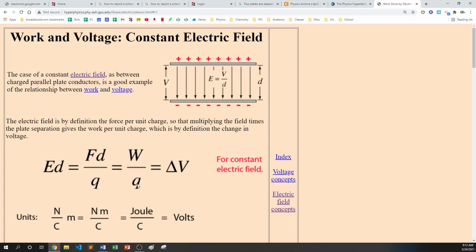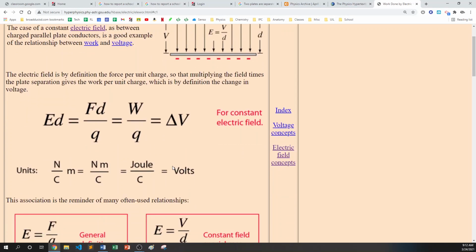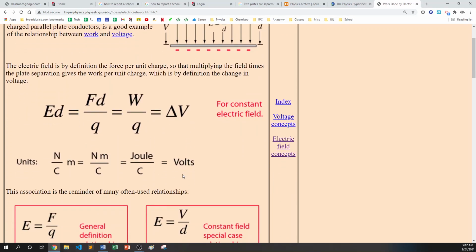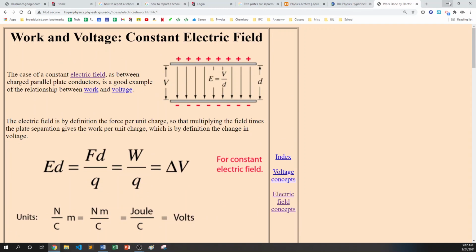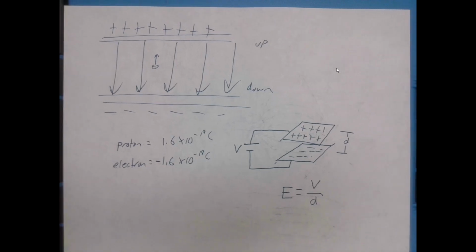Voltage is work divided by charge, and basically working backwards, we see that E is F over Q. And it's just definitions. Units of voltage is volts. I bring this up because here's a problem.